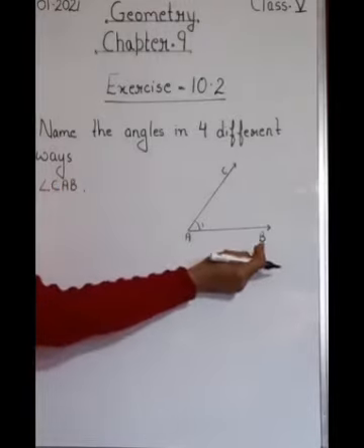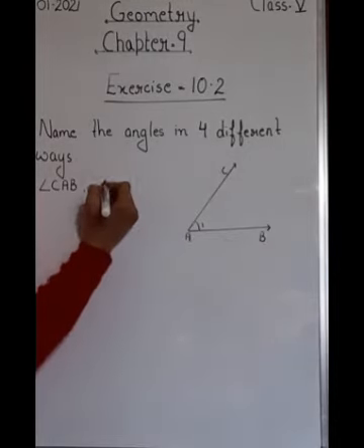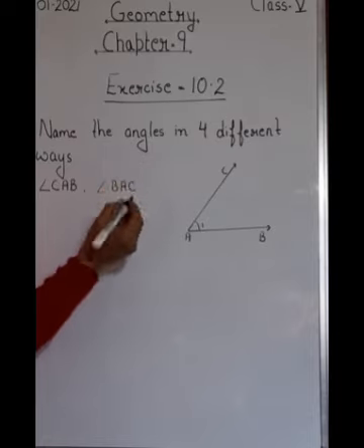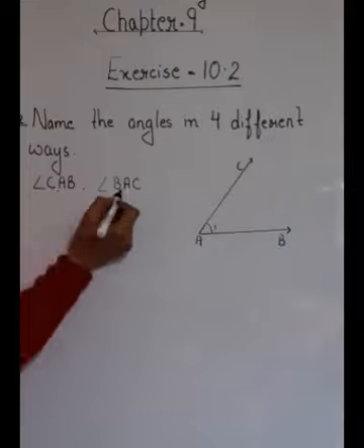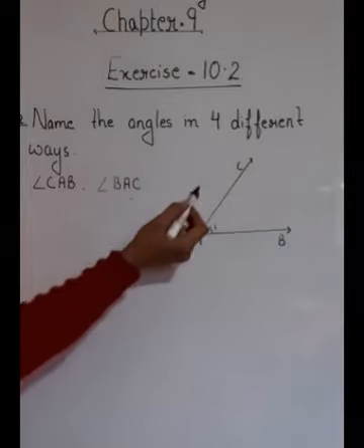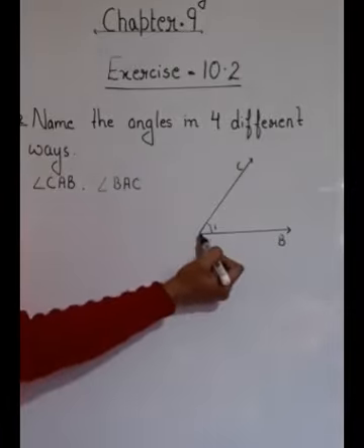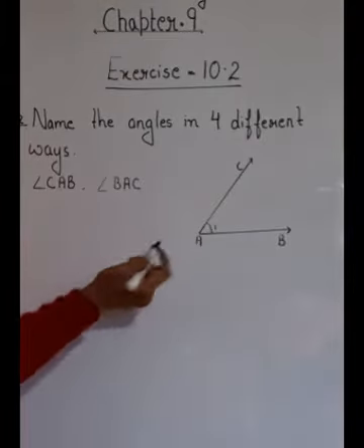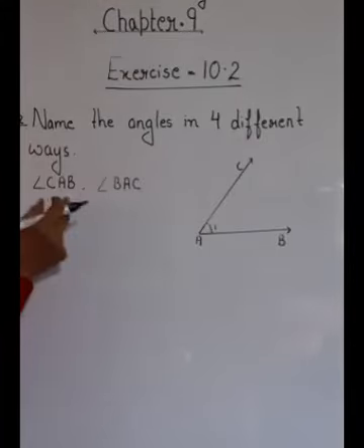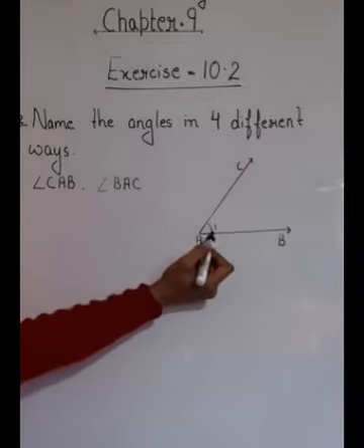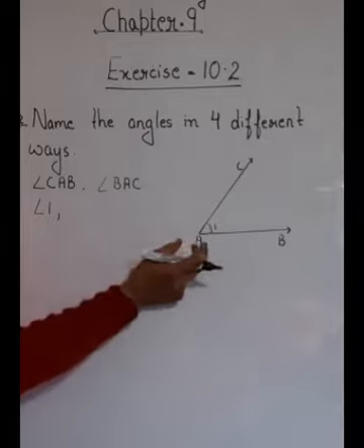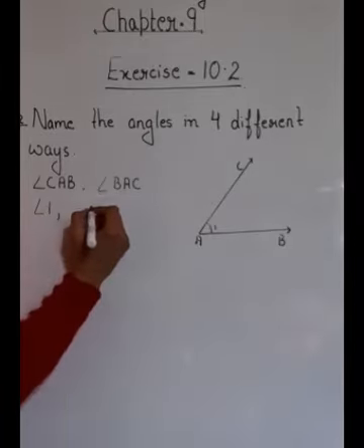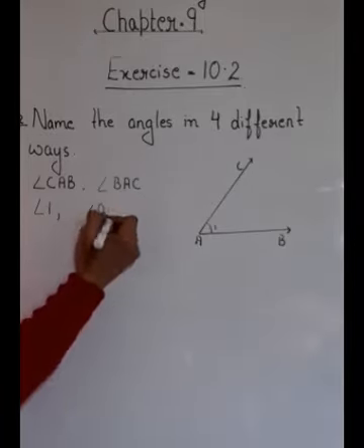Second is angle BAC. You can see that in both names, I have written the vertex in the middle. If you write it as angle ABC, then it is wrong. You have to keep the vertex in the middle. So I have written the name in 2 ways. Third, I told you that this is angle 1, so you can write angle 1, or simply, the angle is forming at point A, so you will write angle A.